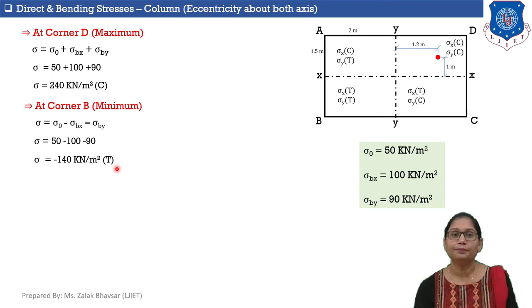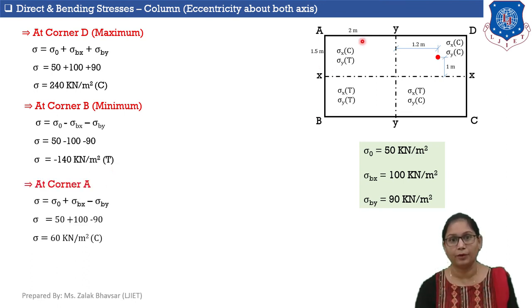Let's move to the next corner, point A. Here is the equation to calculate stresses at corner A. Sigma is equal to sigma 0 plus sigma Bx minus sigma By. For corner A, we need to consider the second quadrant, and by pushing this point, the x-axis of the second quadrant will get compressed. So compressive bending stresses will be generated in the second quadrant due to this eccentric load, and I am taking sigma Bx as positive.